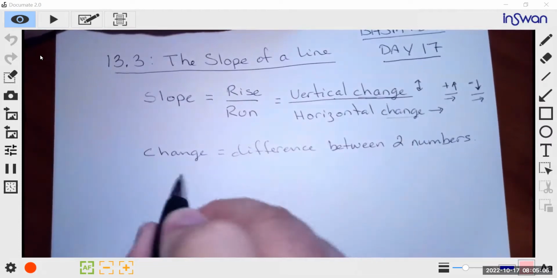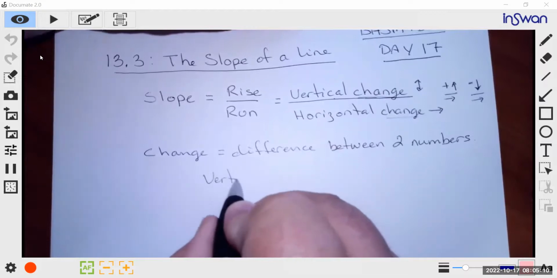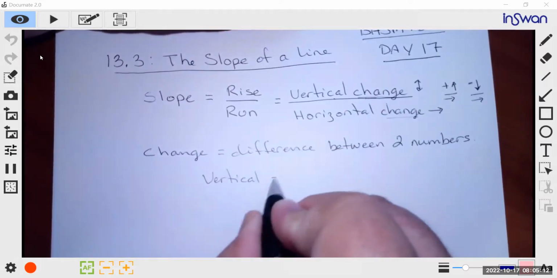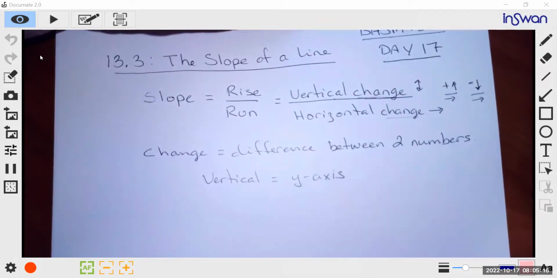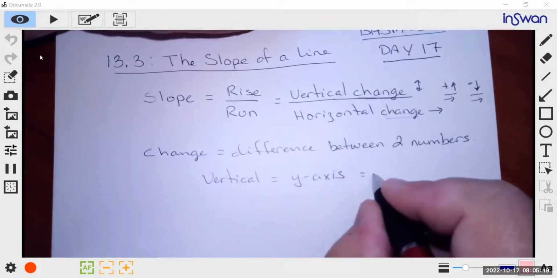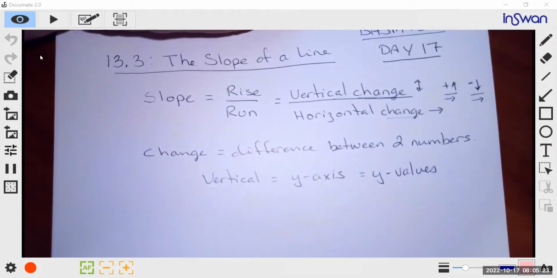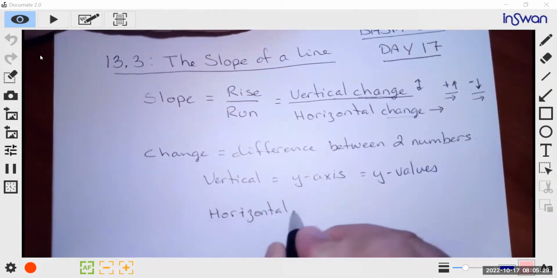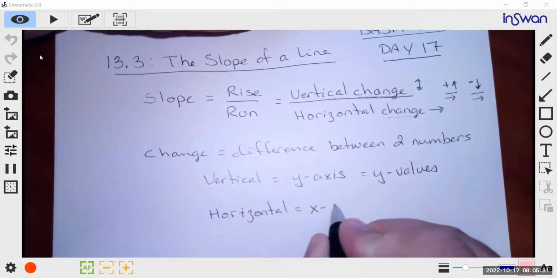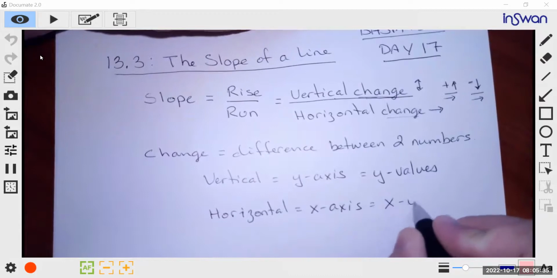Okay, we know that the vertical is the y-axis or the y values, and the horizontal is the x-axis or the x values.